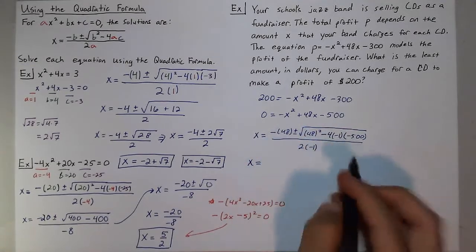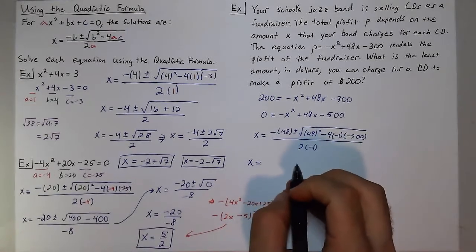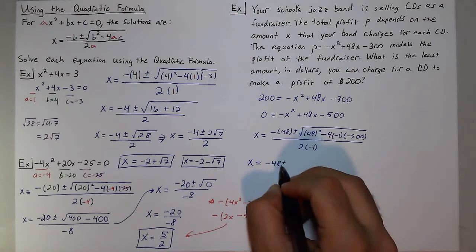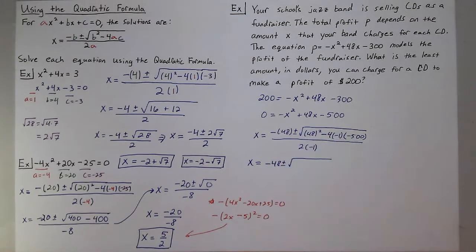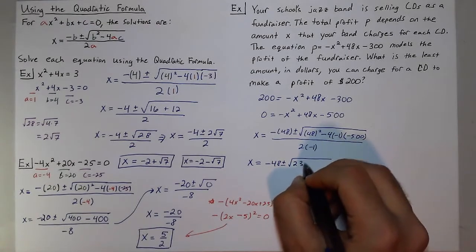Now, these numbers are pretty big, but I'm going to try my best to simplify them. So I have negative 48 plus or minus the square root of 48 squared, which would be 2,304.